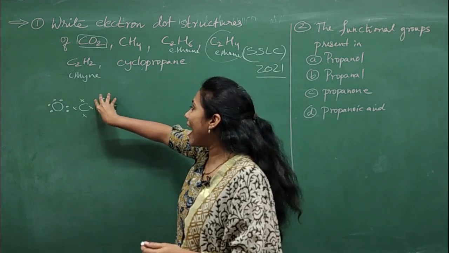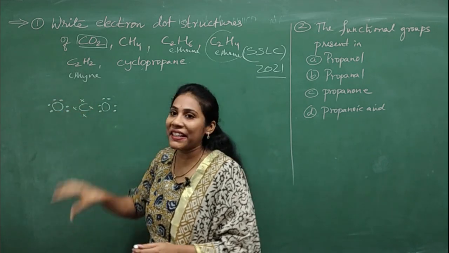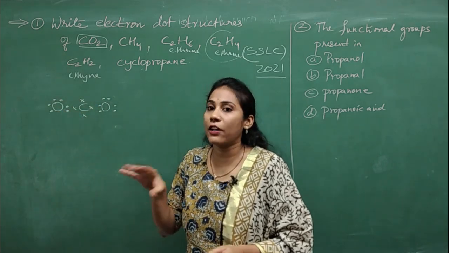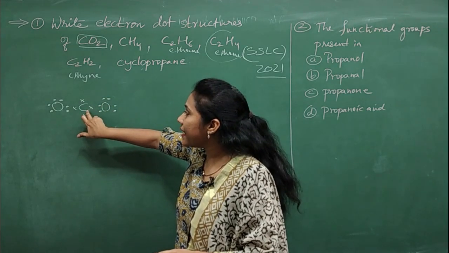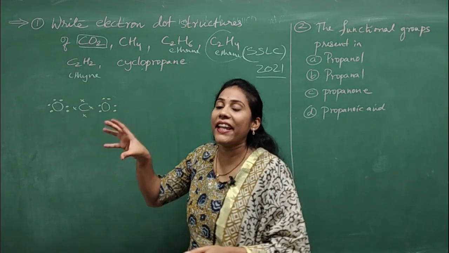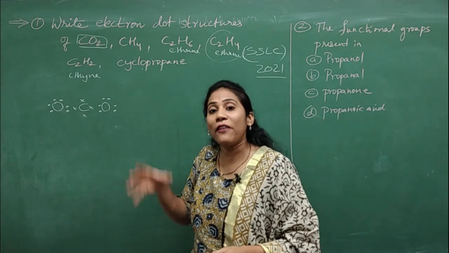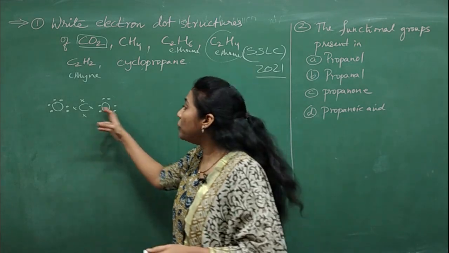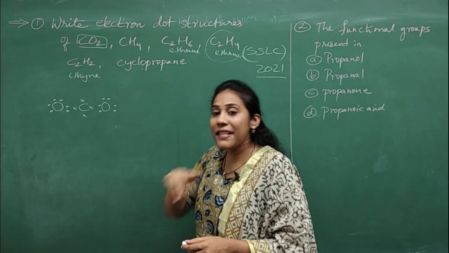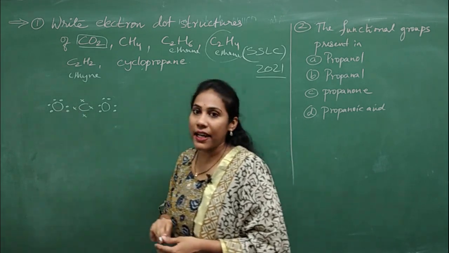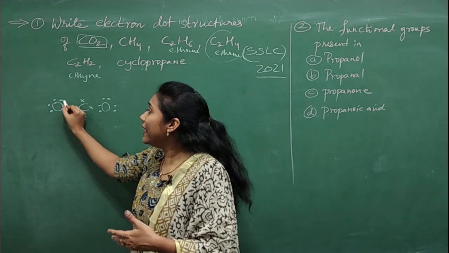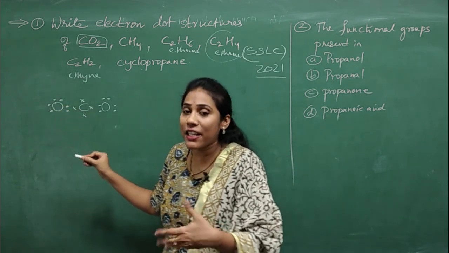Each oxygen atom should have 8 electrons around it. The carbon that is there here should also have 8 electrons around it. So you have to show 8 electrons around each and every atom by circling it. So let us circle this oxygen atom. How many electrons does this oxygen have around it?